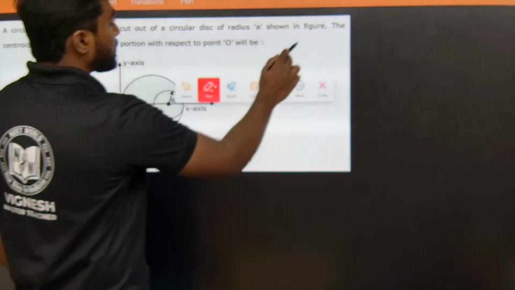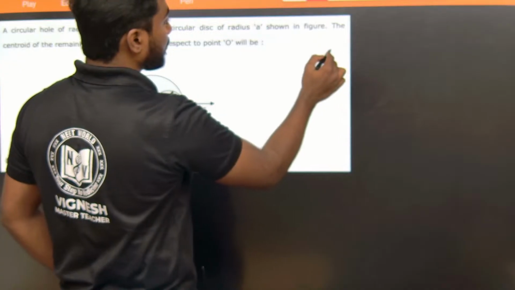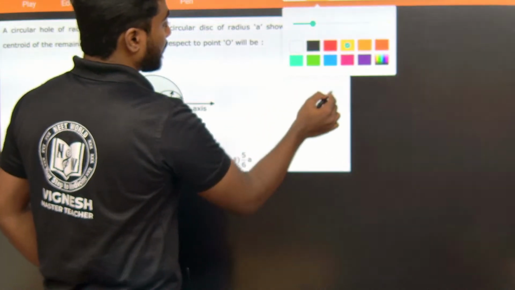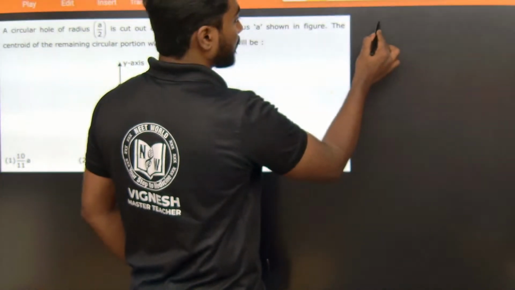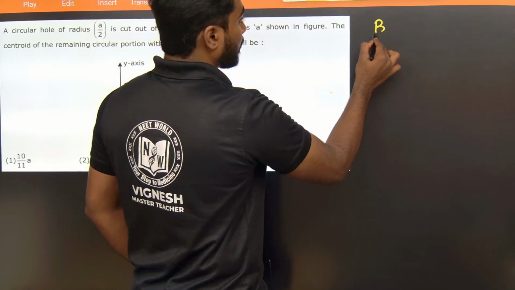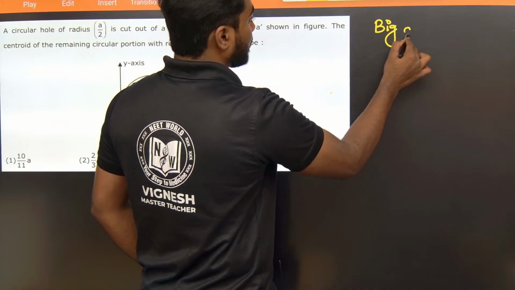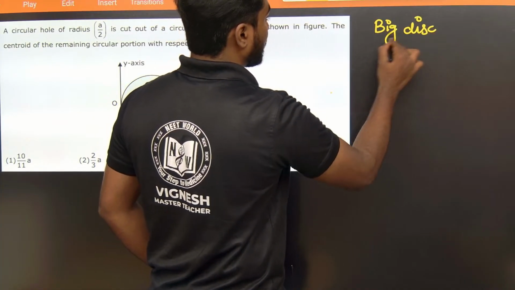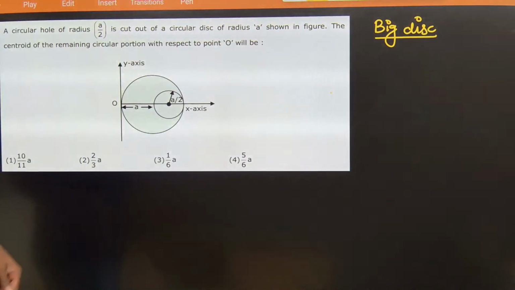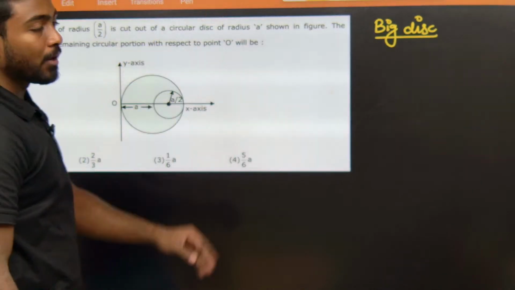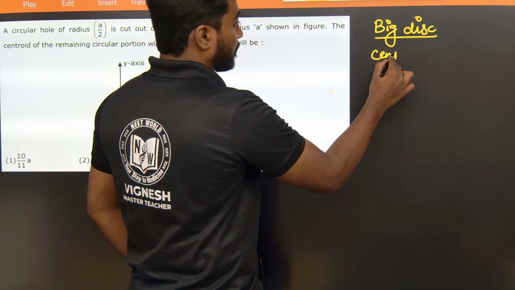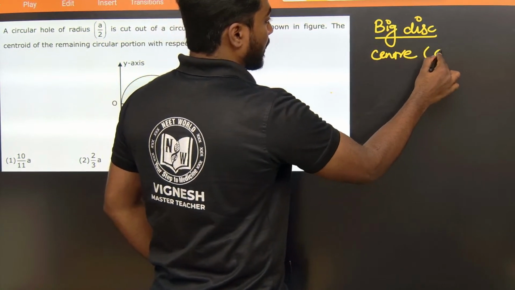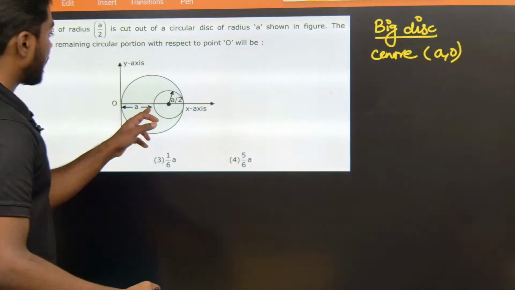From the center, if I see, for the big circle, I'll write a big disc. The disc of radius a is given, with a circular hole. Big disc: center is a comma 0.